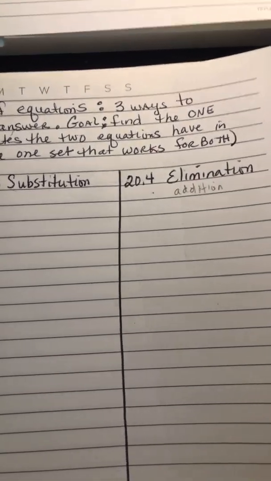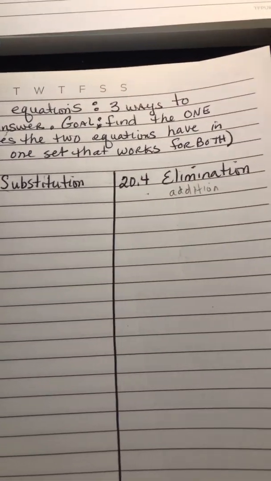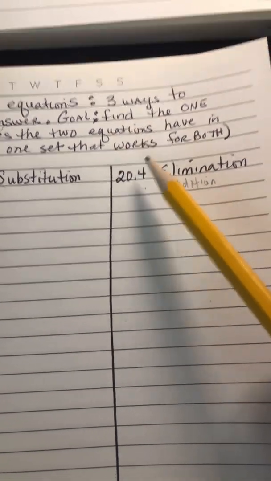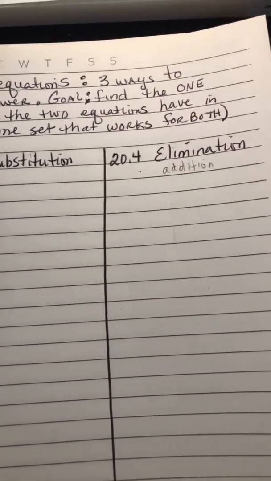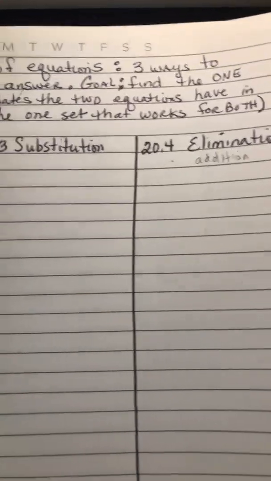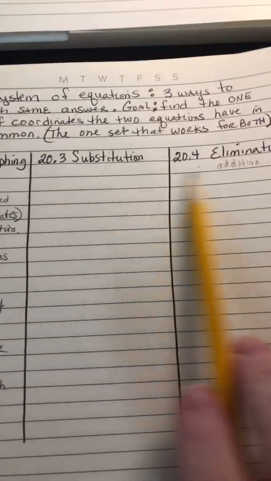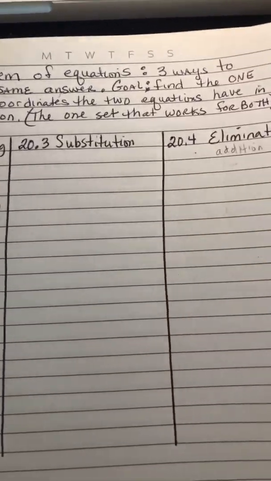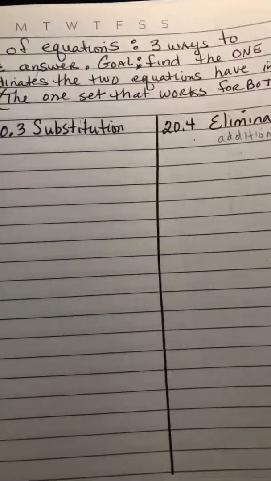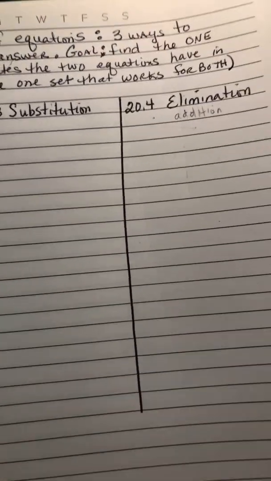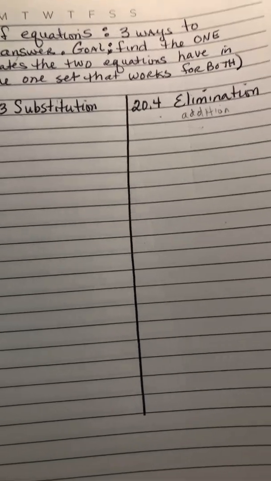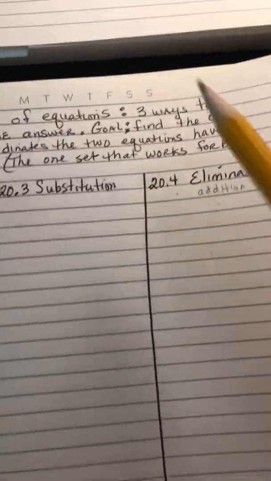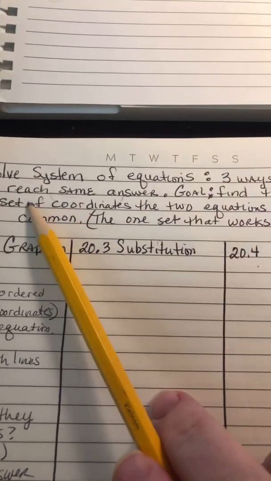So we're going to do 3 different methods, and you'll find later on in section 20.5, when they give us some application problems, that you can use any of these methods to find the answer. Just based on the problem, you decide which one you're most comfortable with, because you'll get the same answer no matter which method you use. So you have 3 ways to reach the same answer.